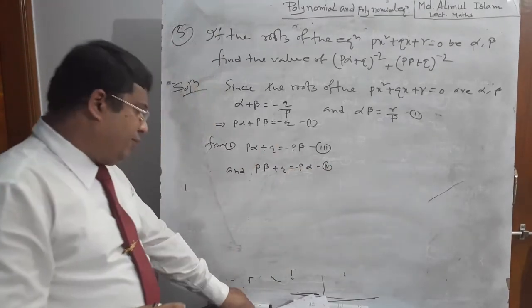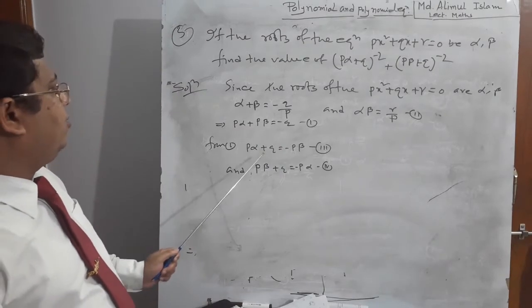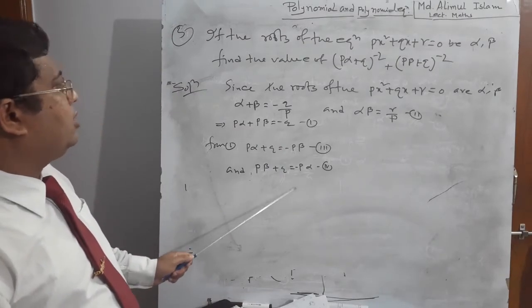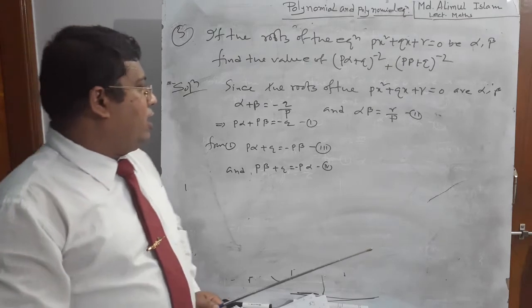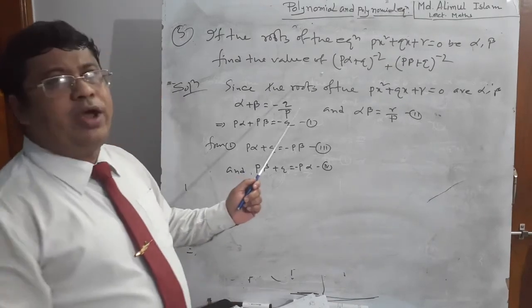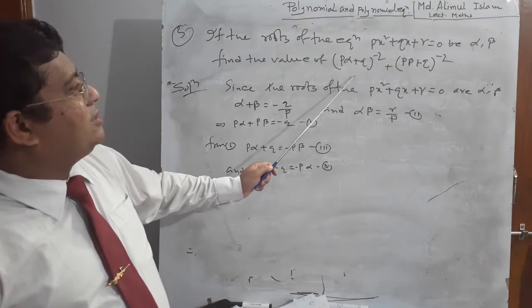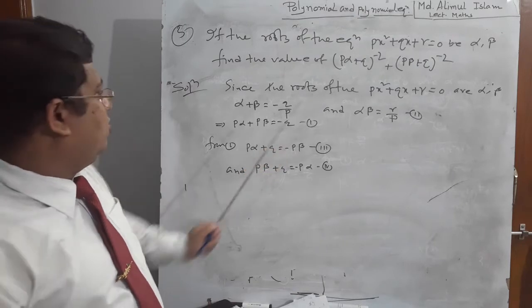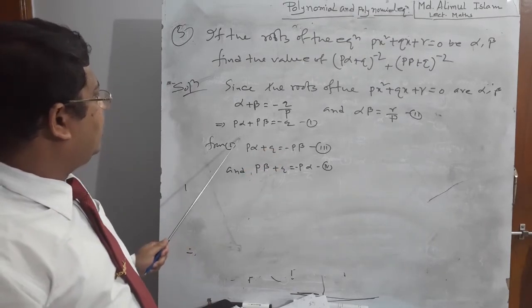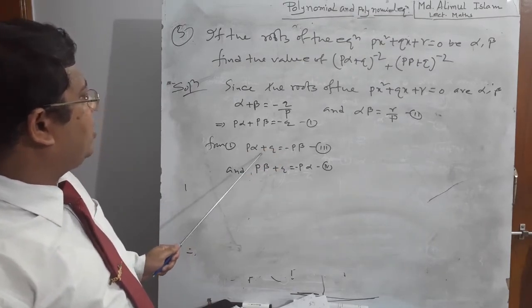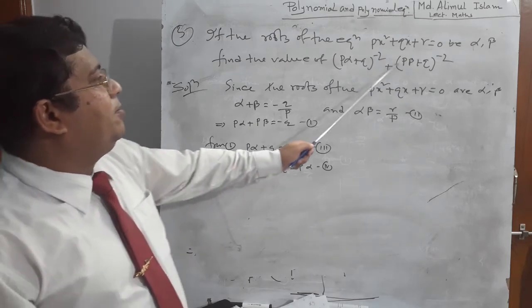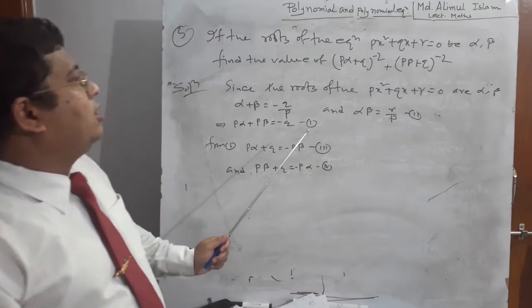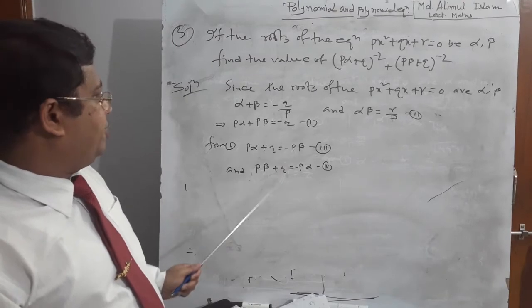You can easily find this. Why have I found this? Because you have to find the value of (pα + q)⁻². For pα + q you get the relation from here, pα + q = −pβ, and for pβ + q you also get the relation from 1.